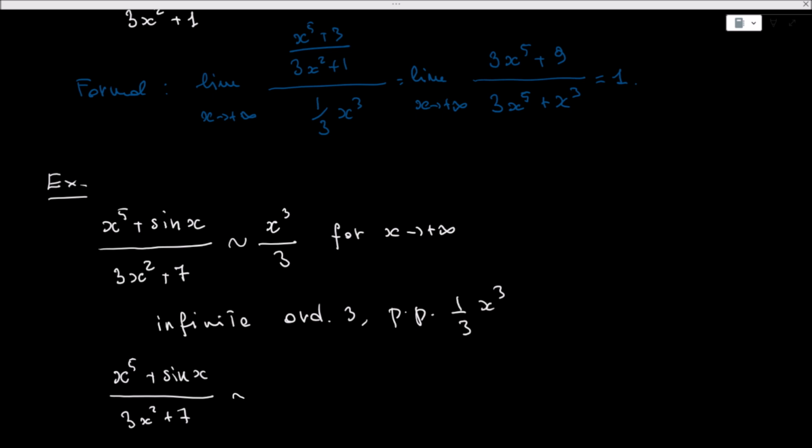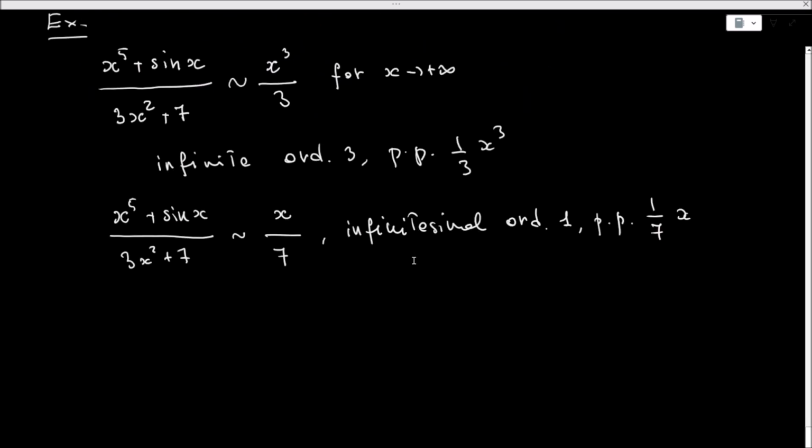So these can be approximated to x on top, because sine of x can be approximated to x, divided by 7, right? And so this is an infinitesimal of order 1 and principal part 1/7 x.